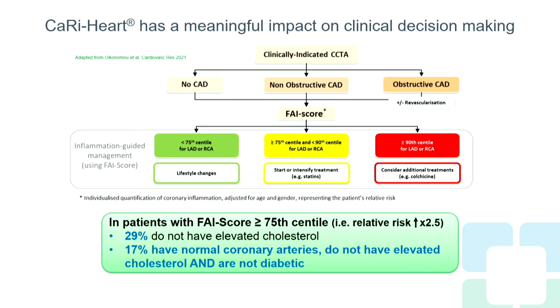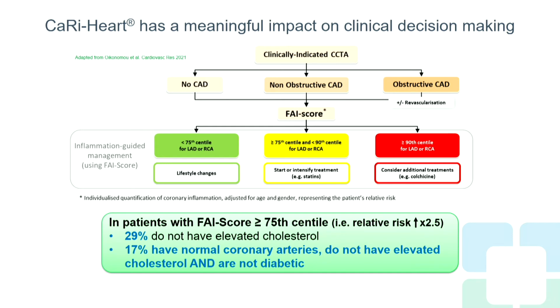Little cookie here and there is okay, but at the end of the day, we need to be watching what we eat and exercise. 75th percentile, but less than 90th percentile in LAD-RCA, you need to start intensifying treatment. Greater than 90th percentile, you need to be potentially considering anti-inflammatory therapy. Of course, this last concept needs to be proven in randomized trials.